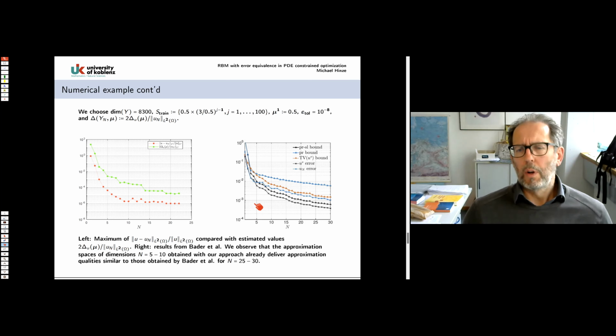But you see also that the estimator goes to about 7 or 8 times 10 to the minus 3. This is the best they achieve with dimension 30. And if I look at this picture and at the log scale on the left-hand side, I see 7 times 10 to the minus 3, I'm here with, let's say, 7.